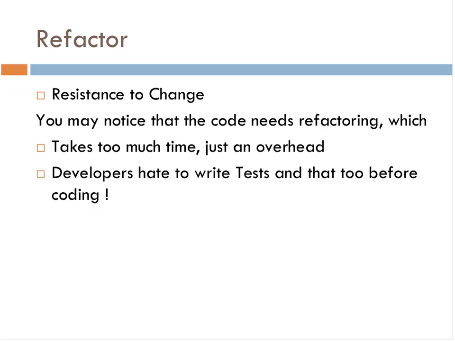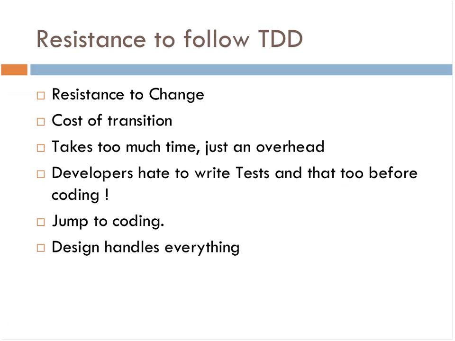So up till now I've explained the benefits of test driven development, a brief introduction to it, and what kind of stuff you should be doing if you are doing test driven development.